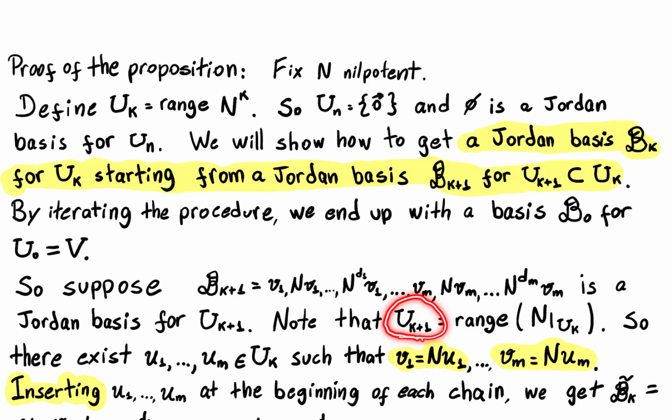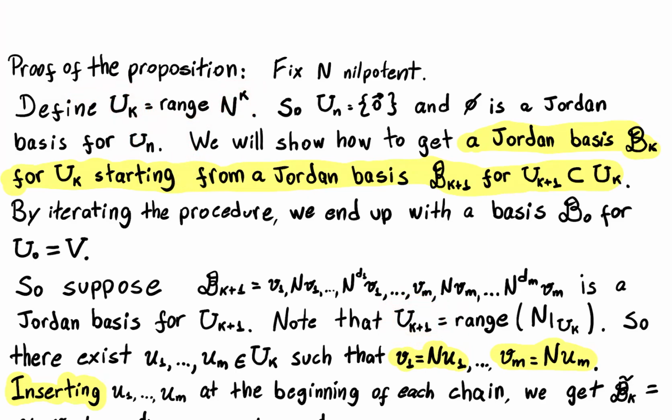So suppose we have a basis like this, and, well, note that U_{k+1}, what's U_{k+1}? U_{k+1} is the range of n^{k+1}, which we can think of as the range of n on the space U_k. Because to arrive in U_k, you need to apply n k times anyway. So when you apply n again, you're necessarily in U_{k+1}. So I'll let you think about it for a while. Okay?